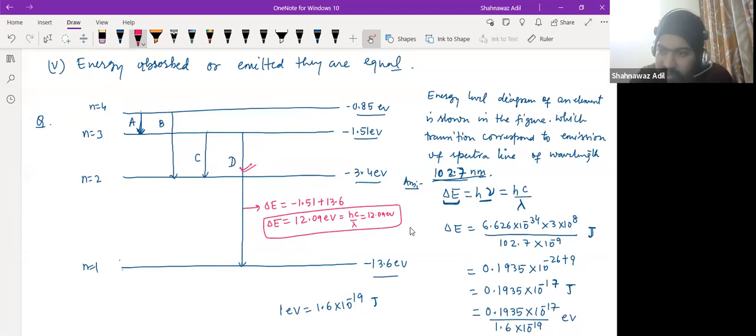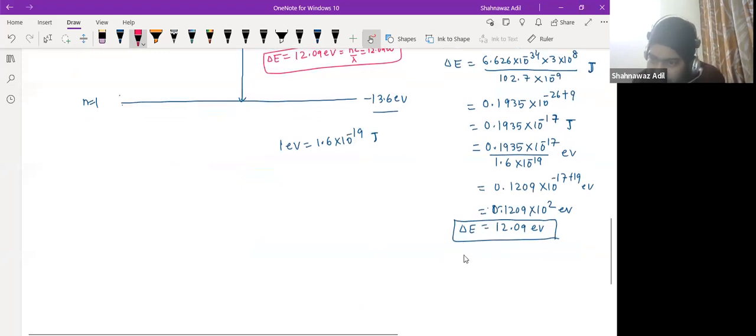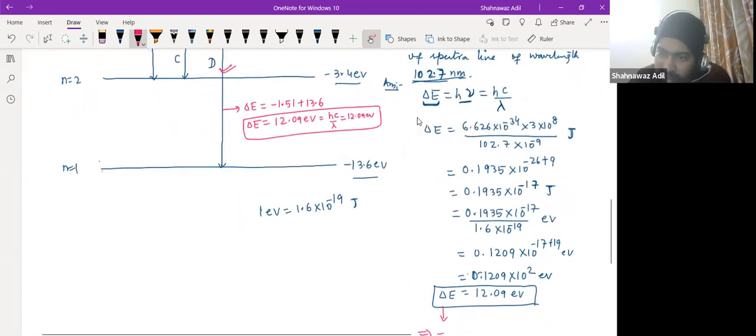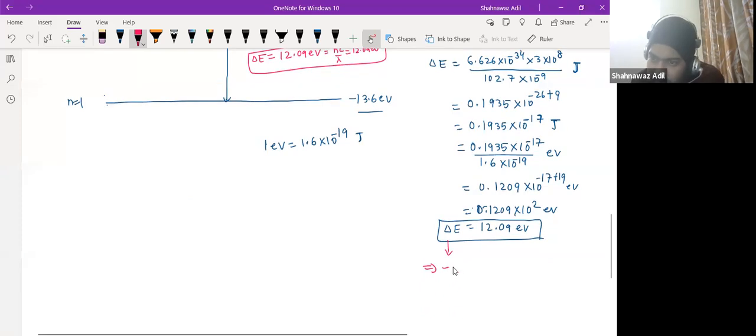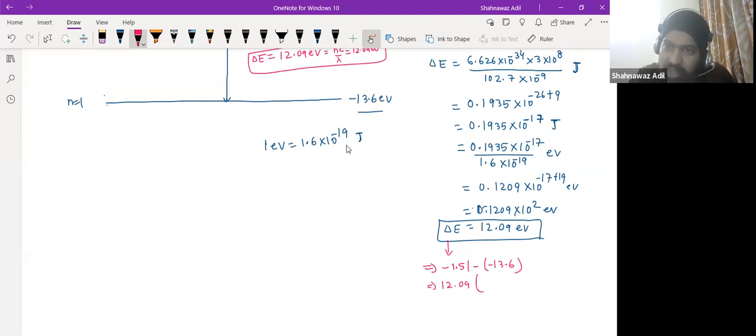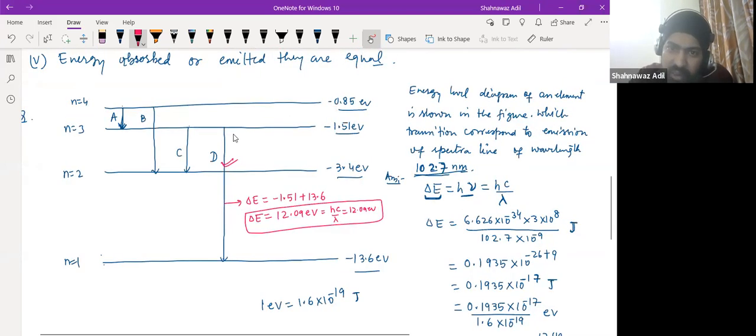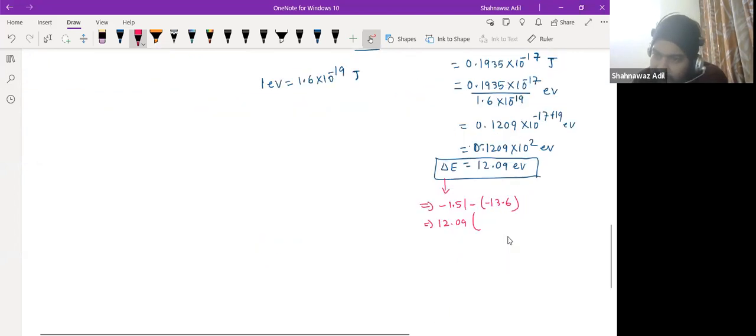This delta E corresponds to minus 1.51 to minus 13.6, which corresponds to 12.09. So the transition is from n equals 3 to 1, which is the D transition.